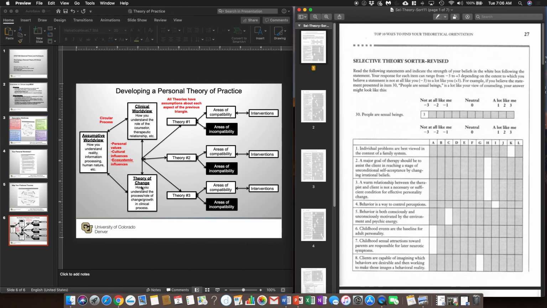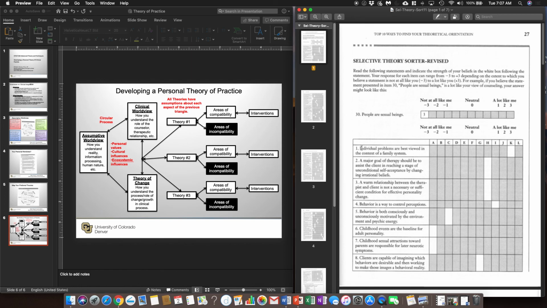And if you really want to develop a solid assumptive worldview, the questions that you answer with either a +3 or a -3, if you would circle those, and then at the end, take out another piece of paper and just really write these into like strongly believe and strongly not believe, and really begin to assess those questions kind of isolated from the others.